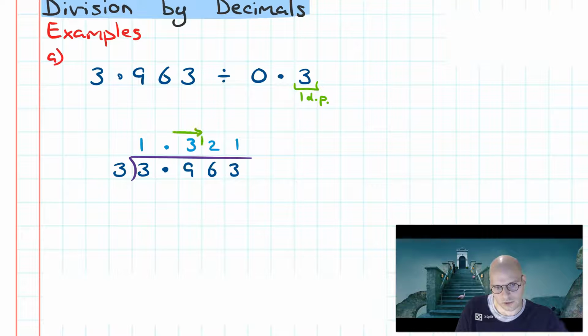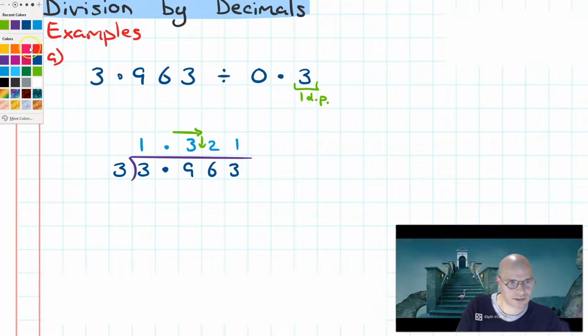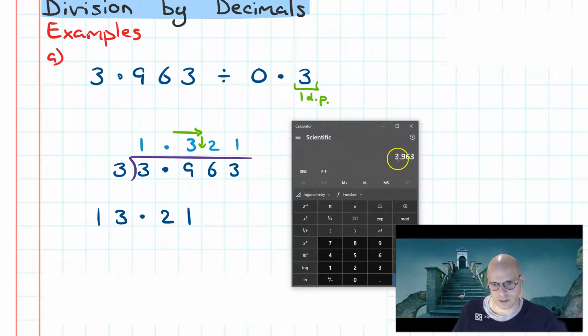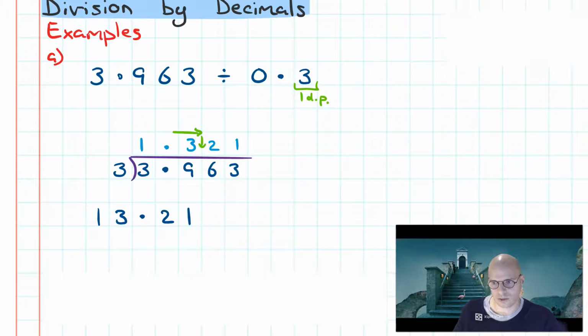So I end up here. Next step is I can simply rewrite this number out as the result being 13.21. Verifying that this is correct, I type in 3.963 divided by 0.3, and I indeed find that it's 13.21.